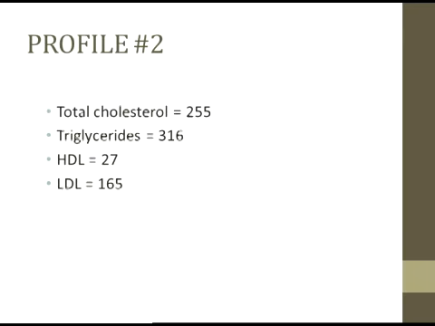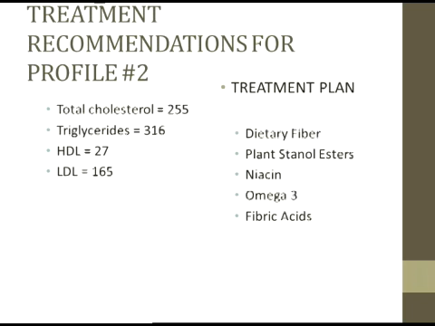What about this one? Total cholesterol of 255, triglycerides of 317, HDL of 27, LDL of 165, BMI of 35. What was that, sir? What'd you say? Right, get an ECG. That's always a good answer from a cardiologist standpoint.